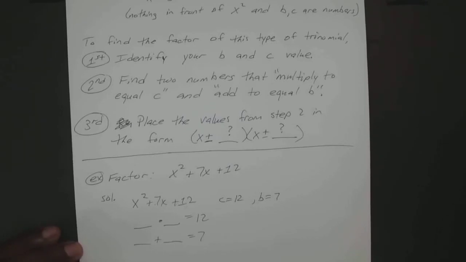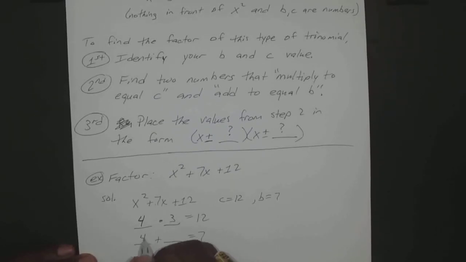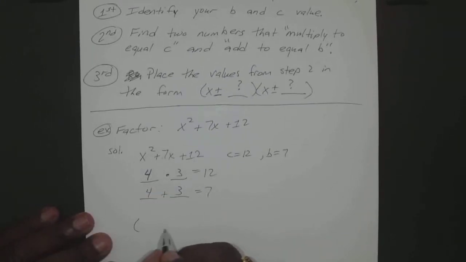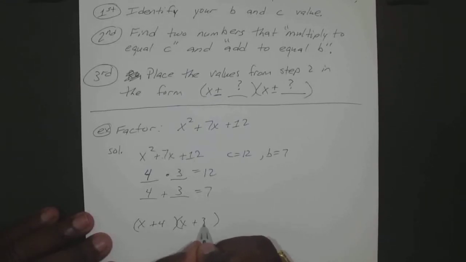Okay. Who has any ideas? 4 and 3. Yep, 4 times 3. So 4 times 3 is 12, and 4 plus 3 is 7. So all you'd have to do is write your parentheses, x plus 4, x plus 3.